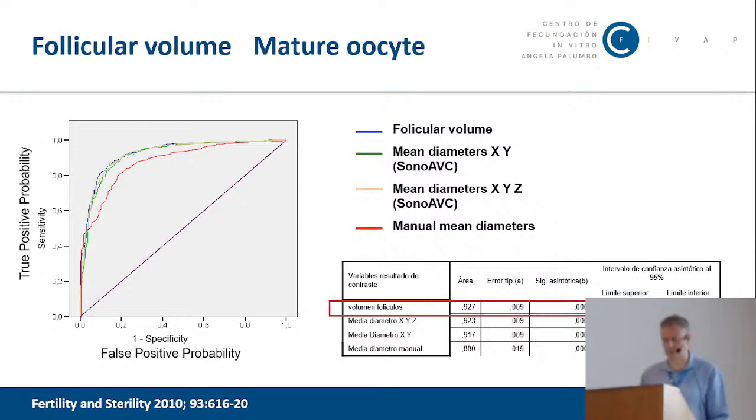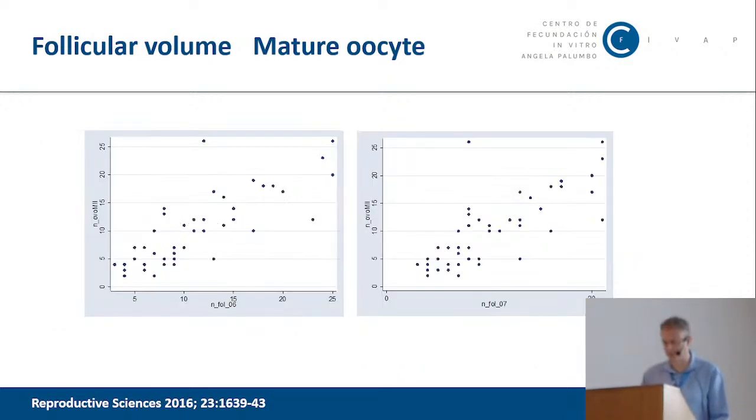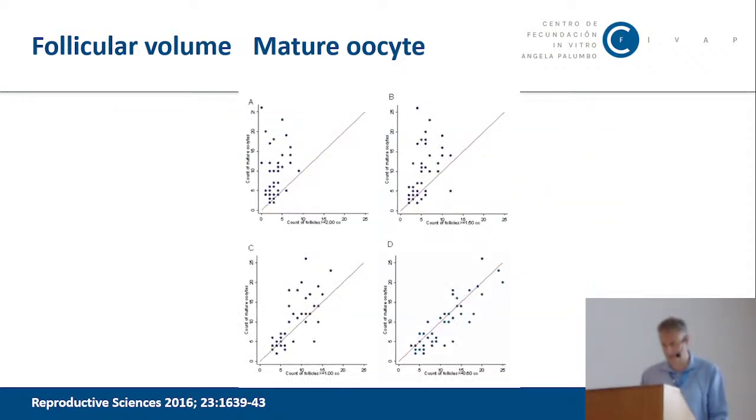In a subsequent article published in 2016, we studied more precisely the minimal volume on the day of trigger associated with mature oocyte using linear regression. Since in our FIVAP paper we estimated that a volume of 0.6 cubic centimeters on the day of trigger was associated with mature oocyte, in our second paper we used different cutoff points in the range between 0.5 and 2 to better estimate the relationship between follicular volume and mature oocyte.